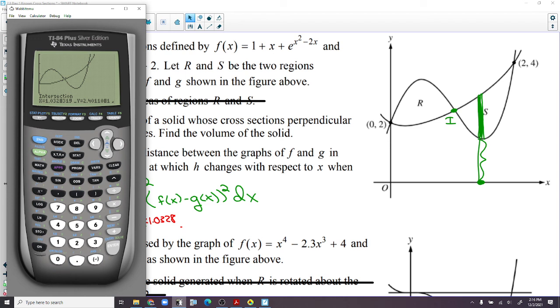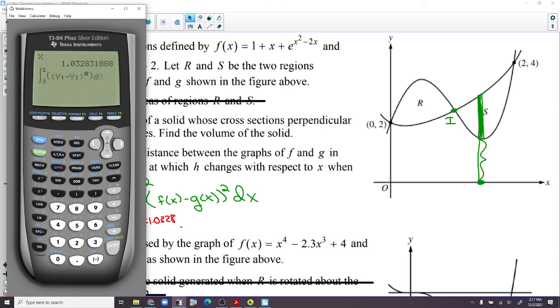But now the good part is that x holds that value. So if we go to the home screen, if you just enter x, it's holding that value. So now we're going to go math number 9. We're going from x to 2. Parentheses, variables, VARS, y1 minus VARS again. If you arrow over, function y2.